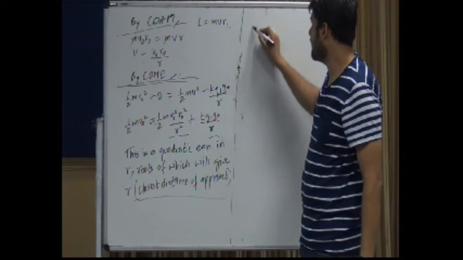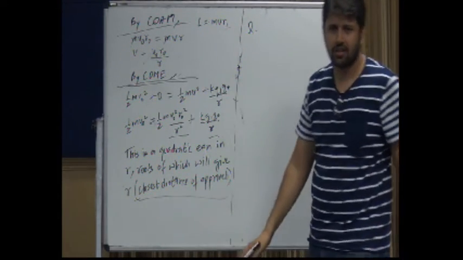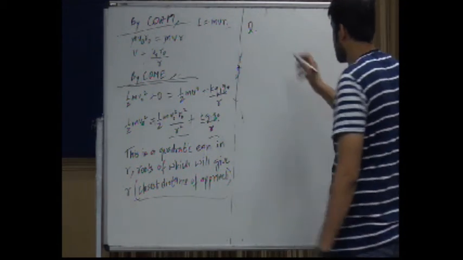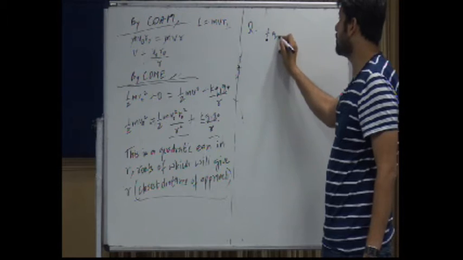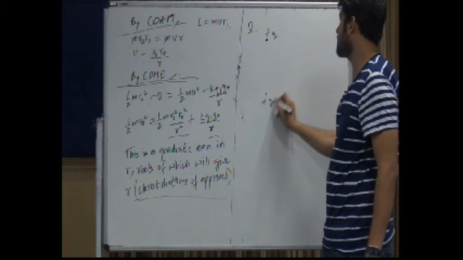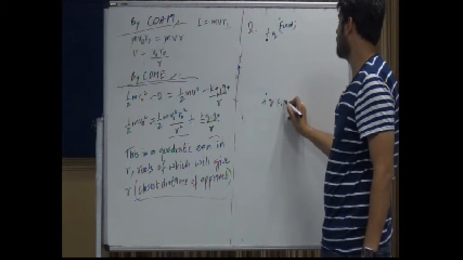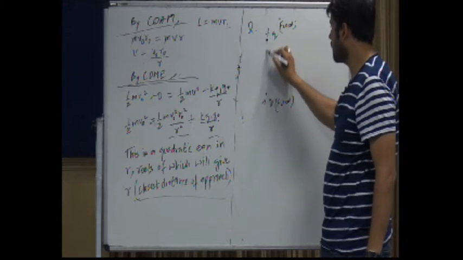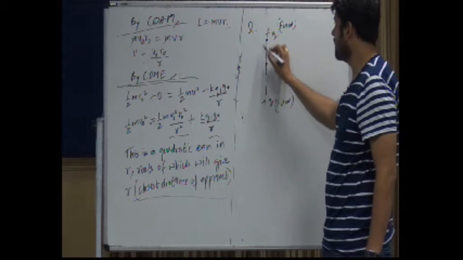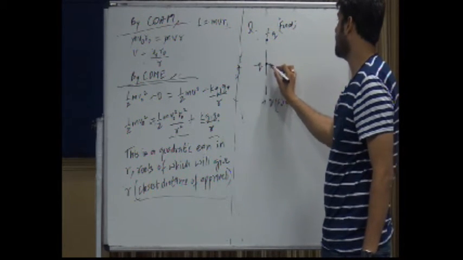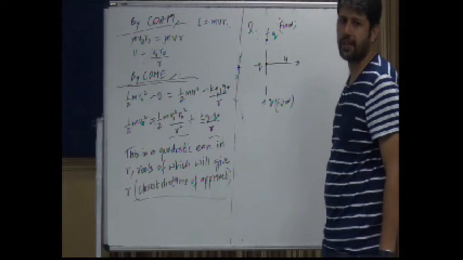Right? So I'll give one question, not related to this one. The question is this: a charge plus q is fixed here, a charge plus q is fixed here. A charge minus q is here, on the line joining. It is given velocity u in a perpendicular direction.